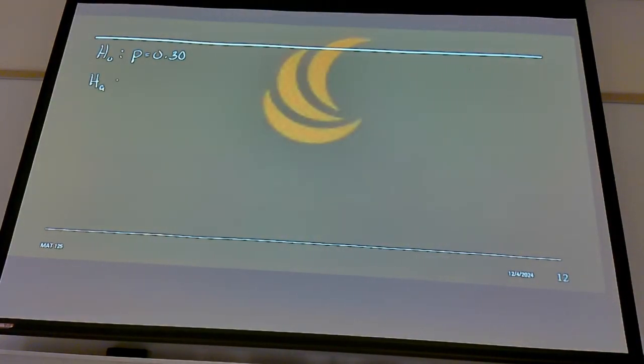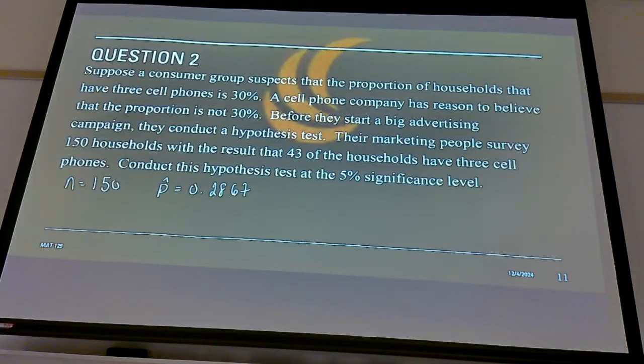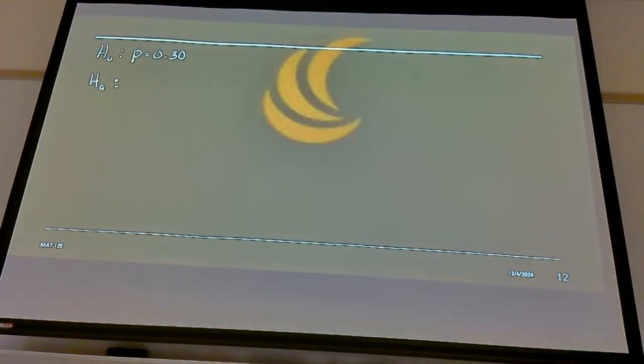Then what is the alternative? P is different from 0.3.